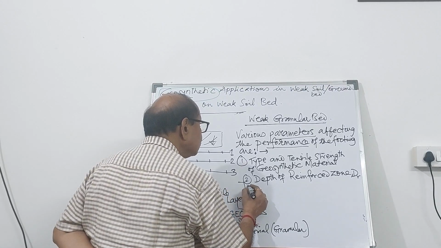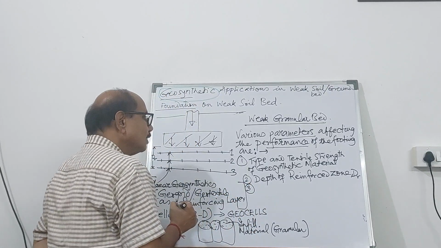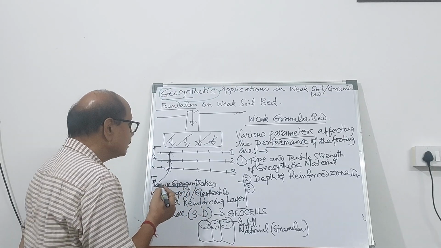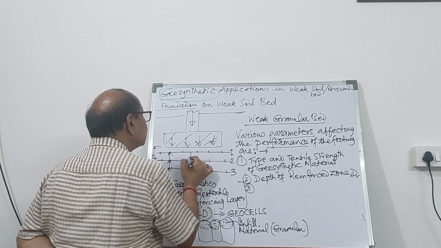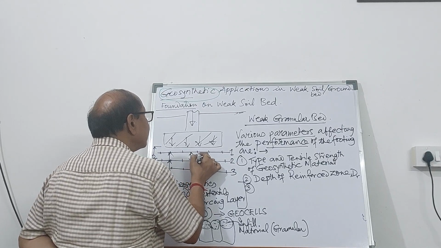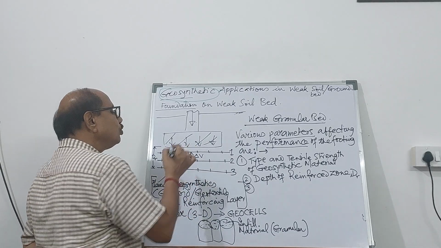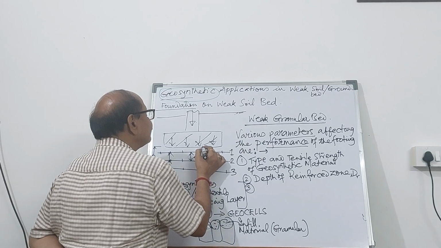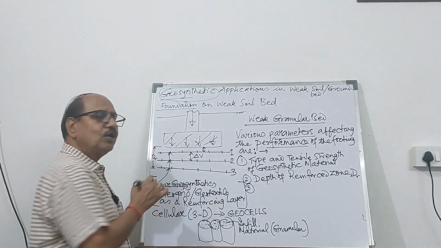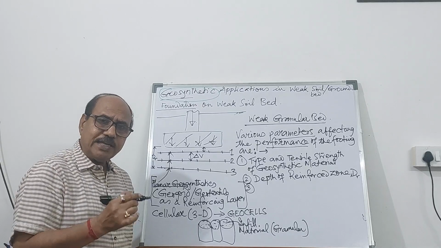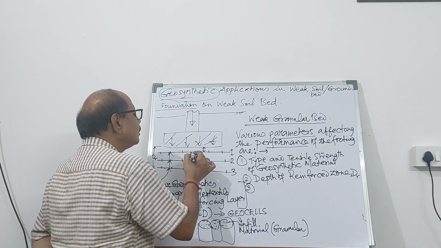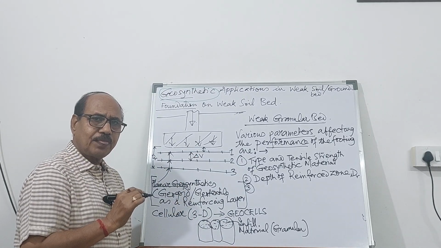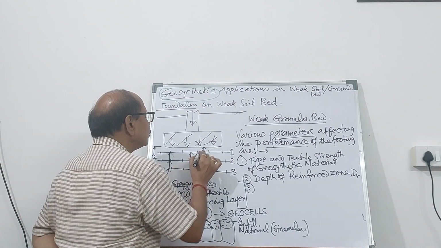Then another important parameter that affects the performance of your footing is the vertical spacing, delta V, between two consecutive reinforcing layers. Also important is the depth below the base of the footing at which you have placed the first reinforcement of geosynthetics.